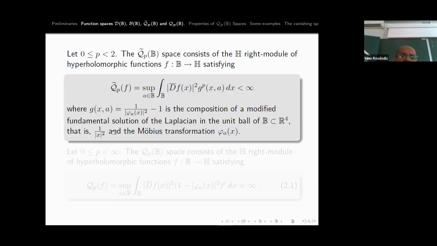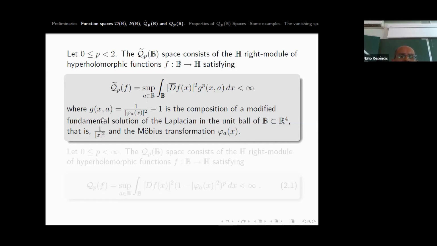First of all, this is the fundamental solution, except for some constant. This is the fundamental solution of the Laplacian in the unit ball of R^4. Then we are composing with some Möbius transformation phi sub a. Then we get this first summand, and after, minus 1.